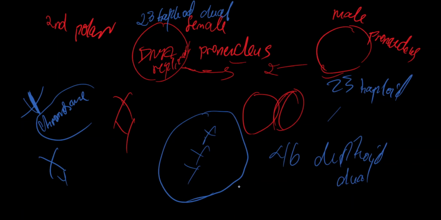And this conceptus is now ready for cleavage, which we'll see as we go on in subsequent videos. So far in this video, we have been able to consider the sperm transport, capacitation, and fertilization, under which we considered acrosomal reaction, prevention of polyspermy, and fusion of the pronuclei.